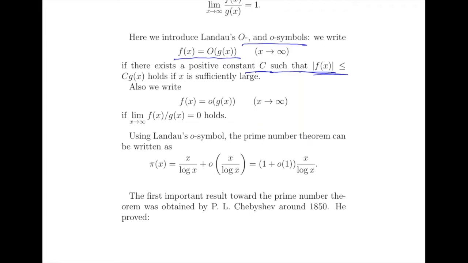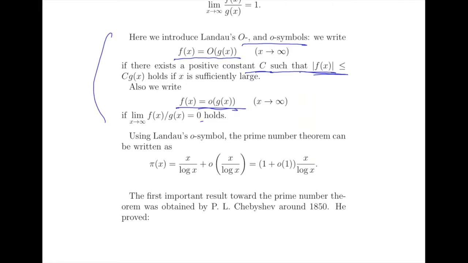And also, we write f(x) is small o of g(x) when the quotient of f(x) over g(x) tends to 0 when x tends to infinity. These two symbols are called Landau's big O and small o symbols.